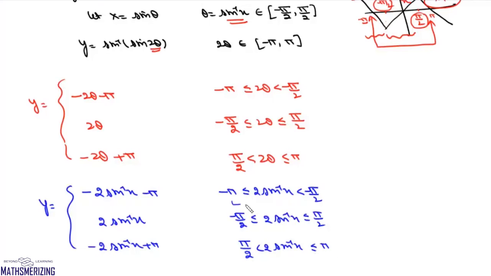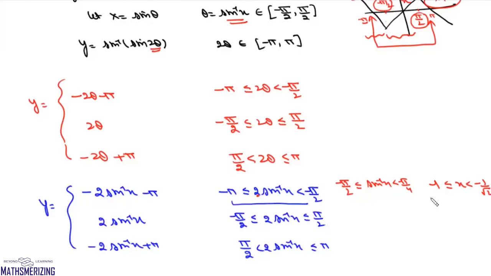Now we'll try and simplify this in terms of x. So what we'll do is we'll divide everything by 2. So we'll get minus pi by 2 is less than or equal to sine inverse x, which is less than minus pi by 4. Now we'll take sine both sides. Now sine of minus pi by 2 is minus 1 and this is x, and sine of minus pi by 4 is minus 1 by root 2.